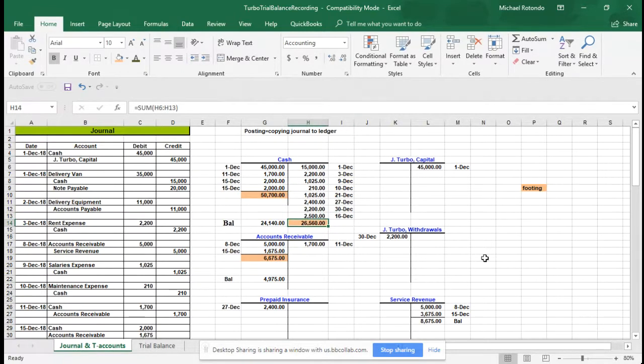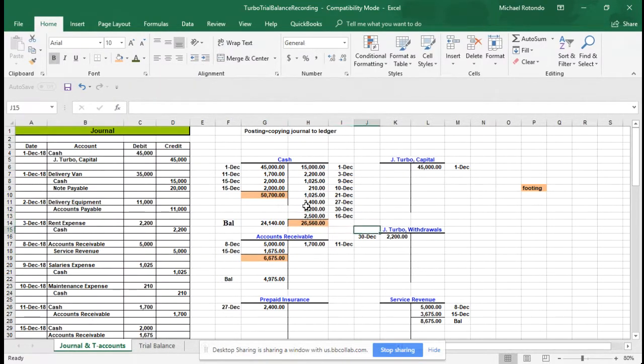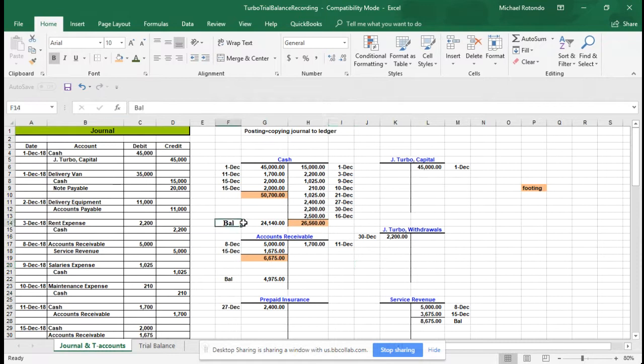And then we should put it back in order at a later time, but just to illustrate. Okay, and we're going to put our bottom border here. And we'll fix our side border as well. Okay, so we see that the balance has changed. So we should probably move this just so it doesn't look like this is the balance.